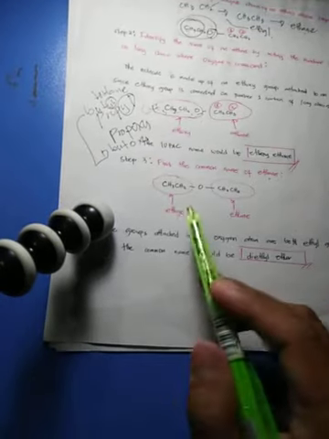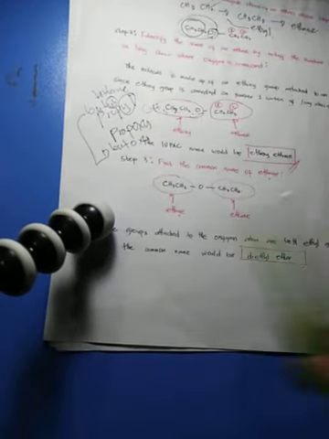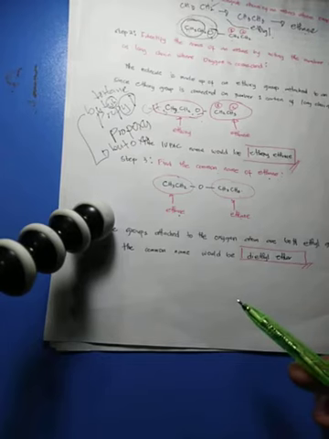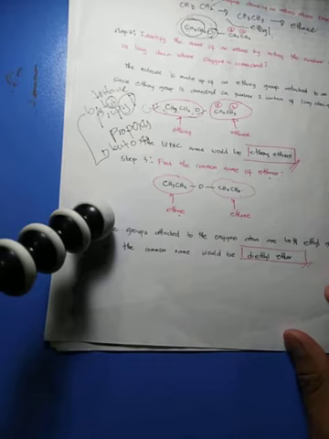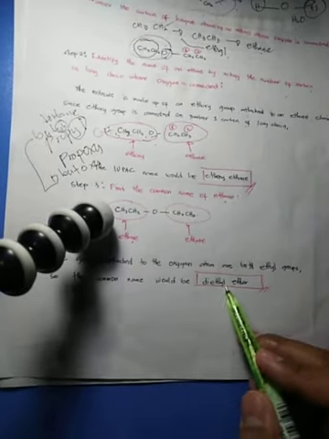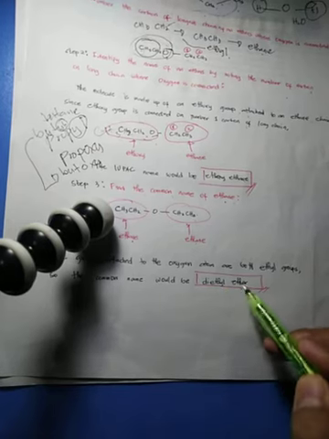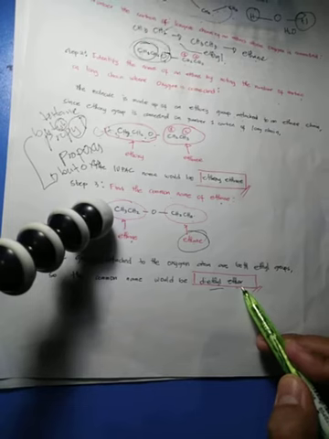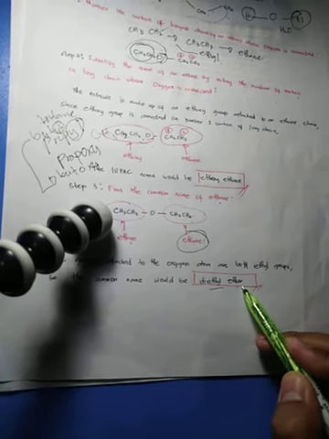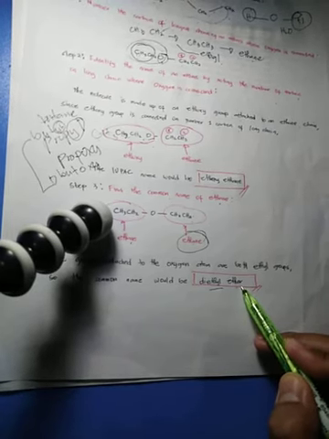For example, since this is ethyl, this is also ethyl, so dalawa. Pag dalawa, dadagdagan lang natin siya ng prefix na di. So therefore, ang mangyayari is diethyl ether. Where ethyl is yung ethane group, and ether is yung stands for ether.